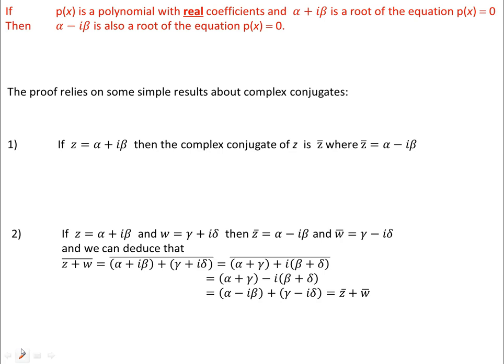So we've now shown that the complex conjugate of z plus w is the same thing as the complex conjugate of z plus the complex conjugate of w.